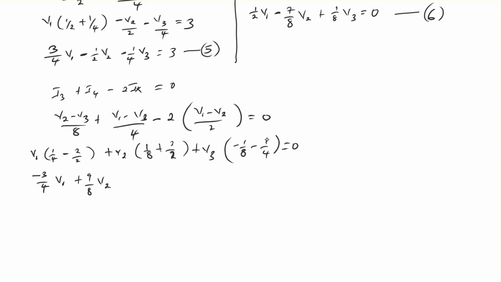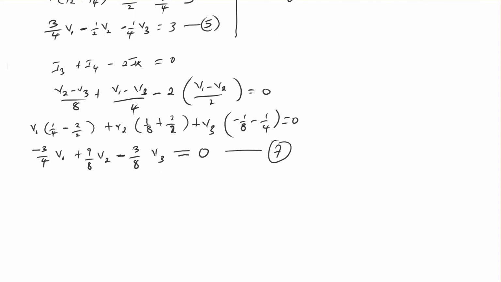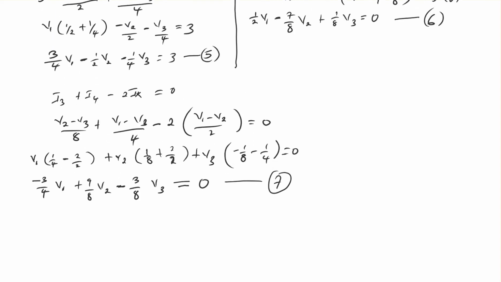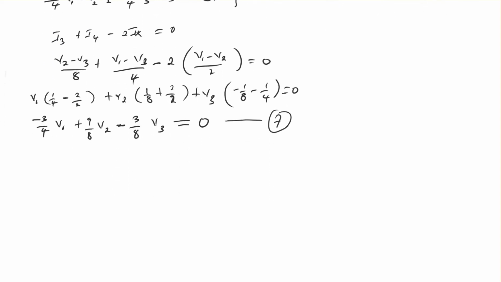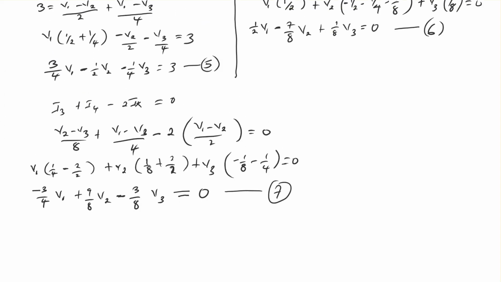This is the same thing as 2 over 8, so this will give me minus 3 over 8 V3 equal to 0, equation 7. So I'm going to bring all those equations together and we'll solve them. I'm just going to write them in a matrix form, but let me bring them down here.